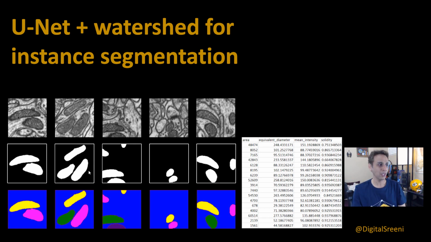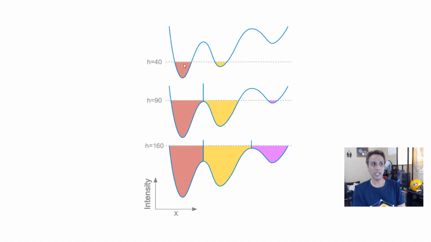The idea is to mark most of my mitochondria as, I'm sure this is mitochondria, and most of the background as, I'm sure this is my background, and define an area that you're not sure of. Hey, this is the ambiguous area where I need your help, watershed, to separate these two. So here, I know this is definitely a valley, and I know this is definitely a peak, but I don't know where the separation is between these two. In a way, that's what watershed does.